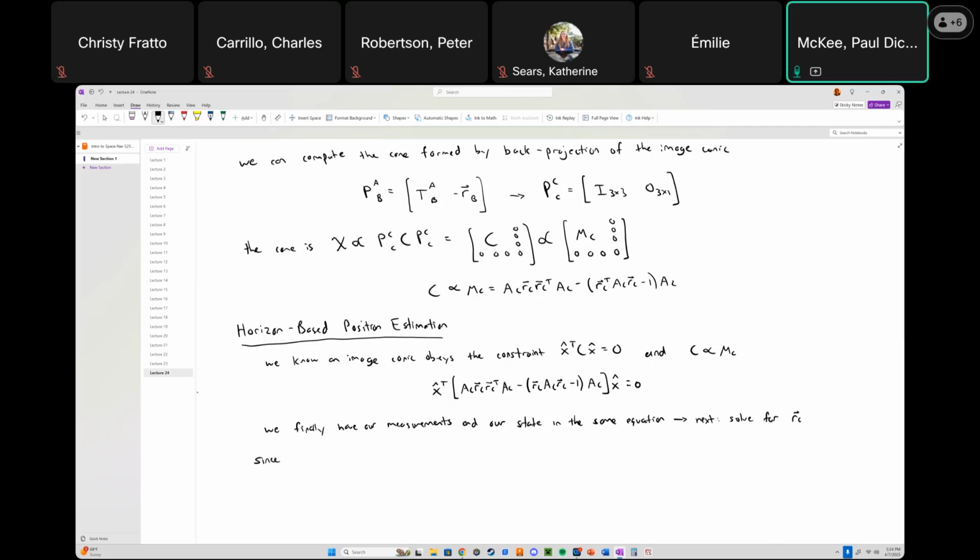Since AC is symmetric, it can be factorized into AC is equal to B transpose B. Okay, where now we can say X transpose is B transpose B RC RC transpose B minus RC B transpose B RC minus 1.